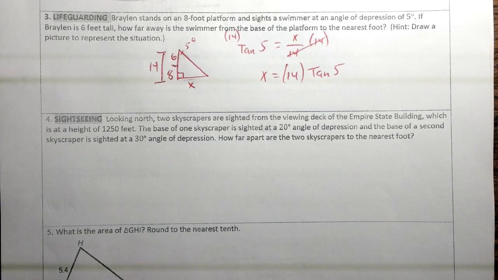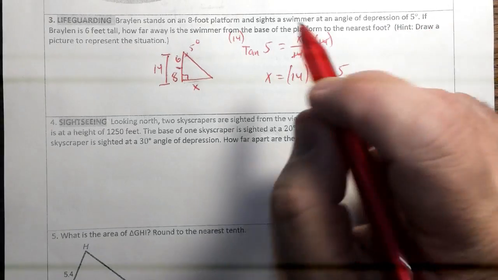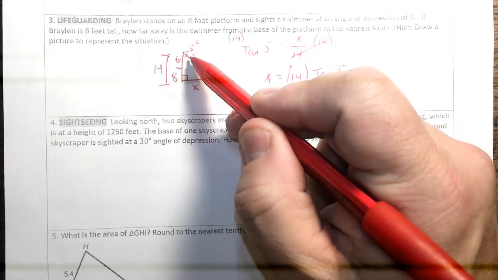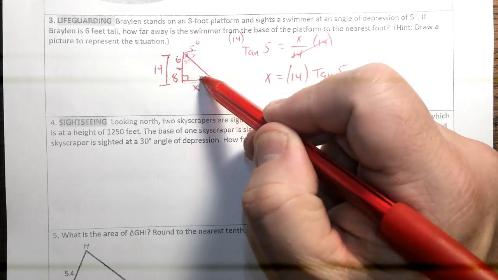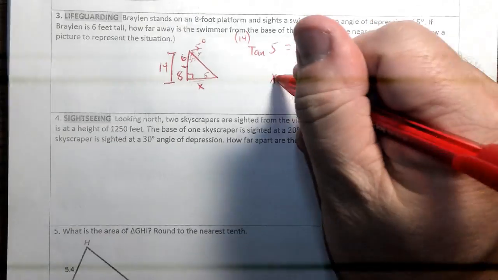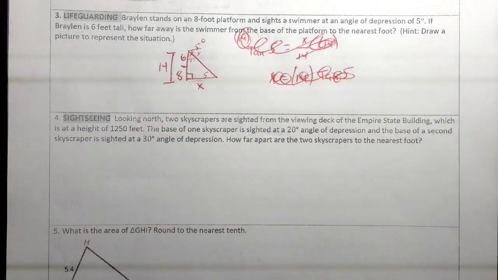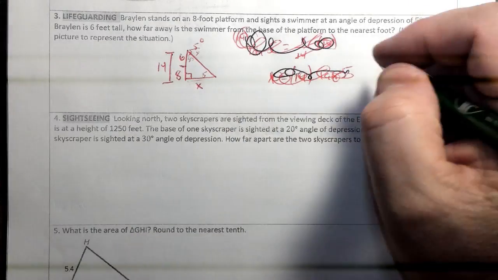How did we get it? I'm guessing if the angle of depression's 5 here, then that makes this 85 and this 5. So again, I got it backwards. I got the right answer before. Last year I got it the wrong way, and I want to show you guys right.